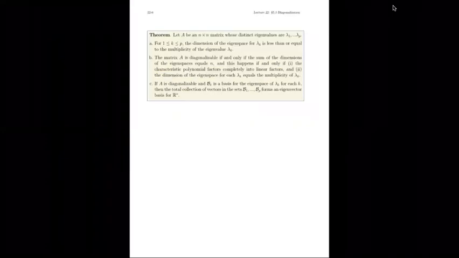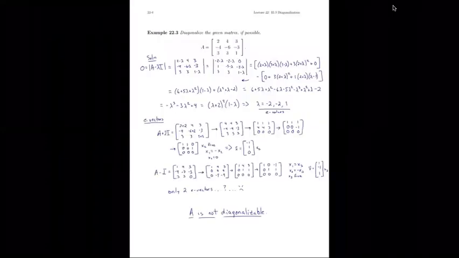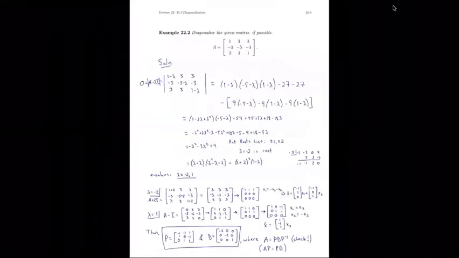So remember what happened before. The multiplicity of -2 was 2, right? It occurs twice in here as a root. And it actually had 2 eigenvectors. It had, in some sense, a full eigenspace matching its multiplicity of 2. So dimension 2 of the eigenspace matched the multiplicity of the root.